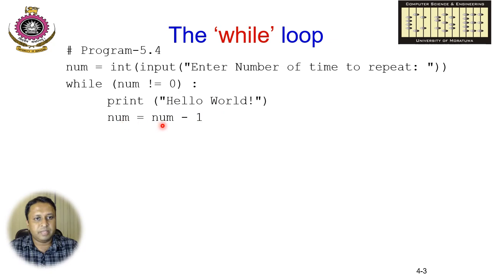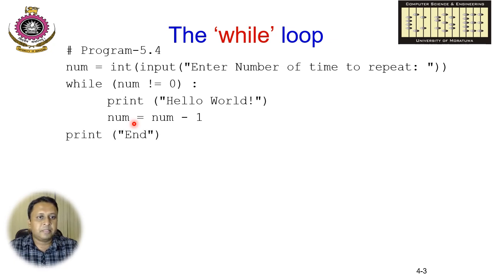The num will be decremented by 1 and it will become 1, and then it will go back to a new iteration of the while loop, and this time it will also print hello world, and when it's here, it will be once again decremented. Now it is 1, and when it is decremented by 1, it becomes 0. So now the condition will become false and the while loop will end.